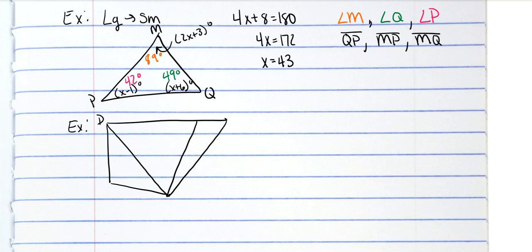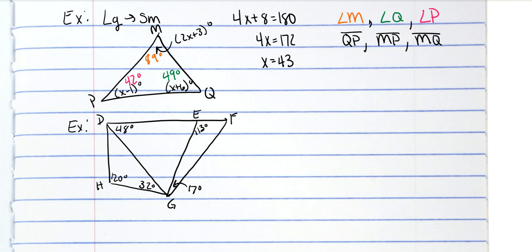Okay, D, H, G, E, F. This is 48 degrees, 120 degrees, 32 degrees. This little thing here is 17 degrees, 113 degrees.